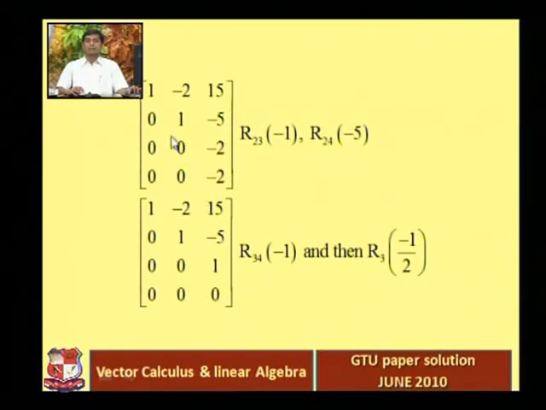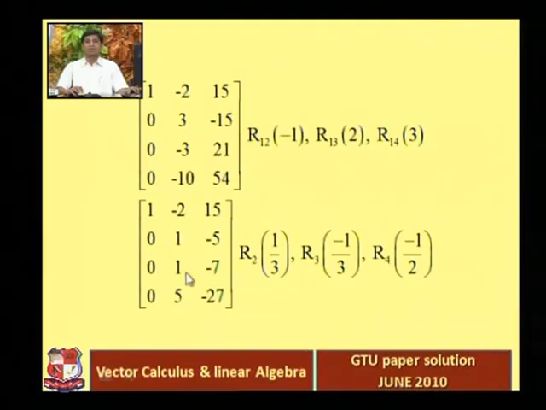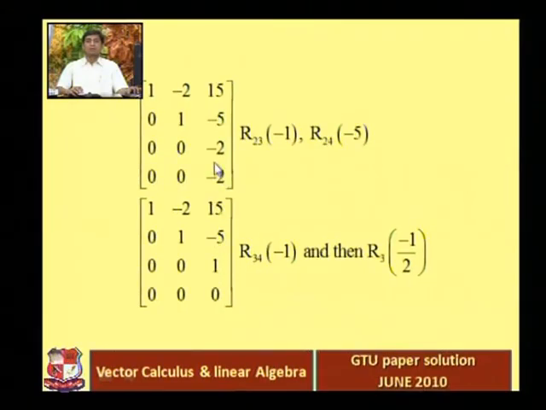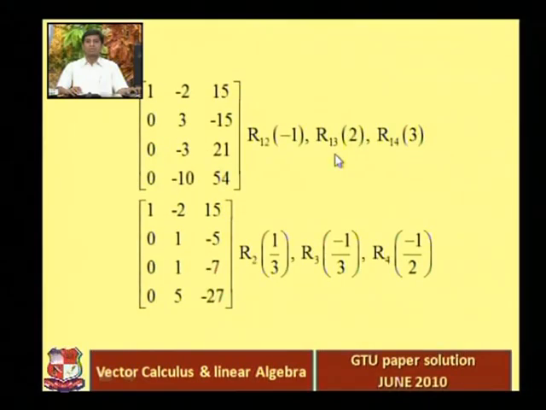So the first row is as it is, 1 minus 2, 15. We multiply the second row with minus 1 and add into the third row. So the second row is also as it is. The third row becomes, from this matrix you can understand, 0, minus 7 plus 5, that is minus 2. And the second row we multiply with minus 5 and add into the fourth row.